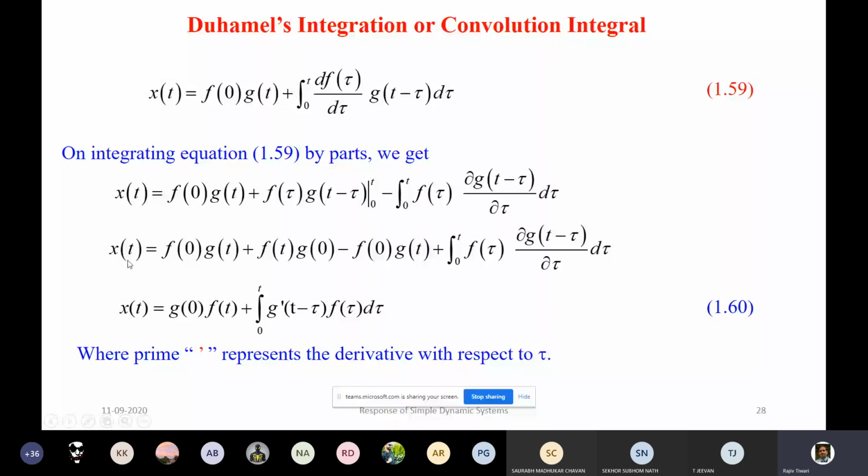I hope you have learned this in your earlier mathematics courses. Now the first term is as it is. In the second term, if we substitute the limits, when tau becomes t, this becomes g(0), minus, and when we put the second limit, tau equal to 0, this becomes f(0) times g(t). So we have just put the limits to get these two terms, and the last is as it is.